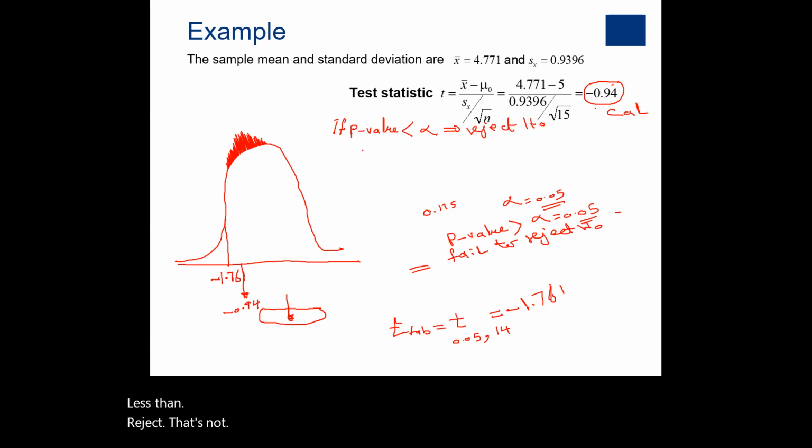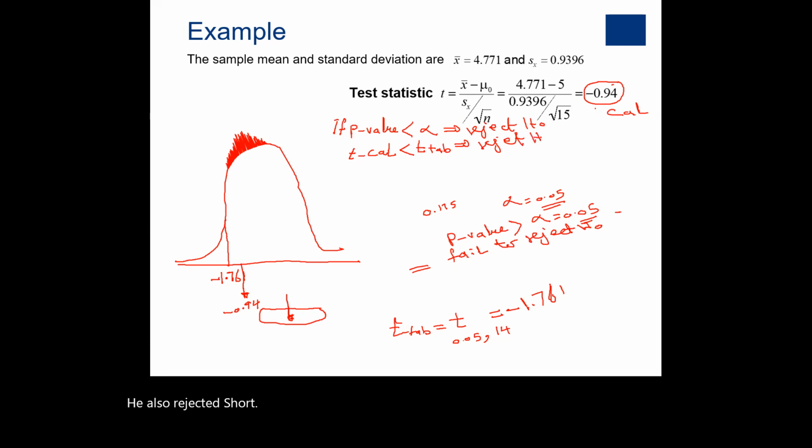Or we can compare, for this case, case one, t calculated less than t tab, we also reject H naught.